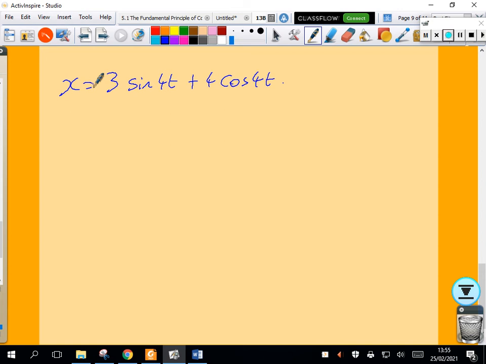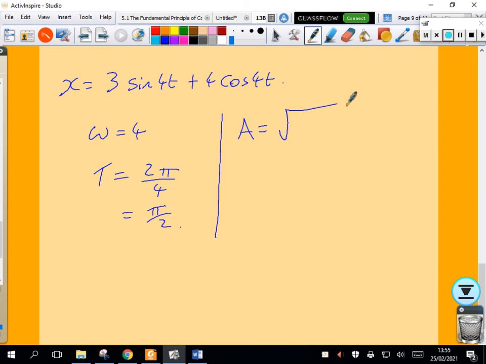Second derivative, acceleration, show that's a constant multiple of this expression here. You will find that omega is going to be equal to 4. So the period of this would be 2 pi over 4, which would be pi over 2. And you will also find that the amplitude is going to be the square root of a squared plus b squared, which, as you probably know, is 5.